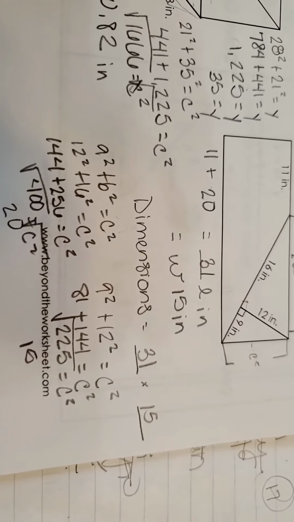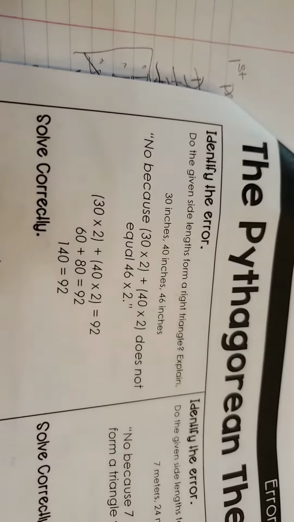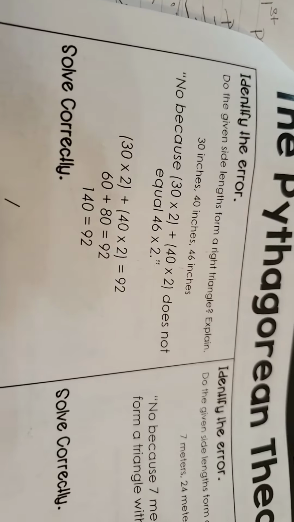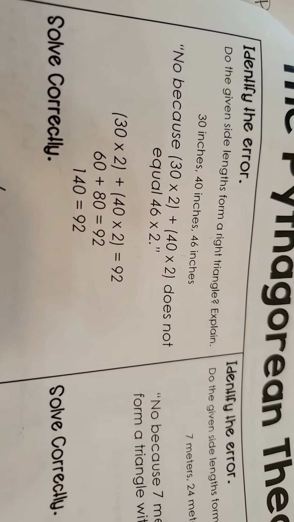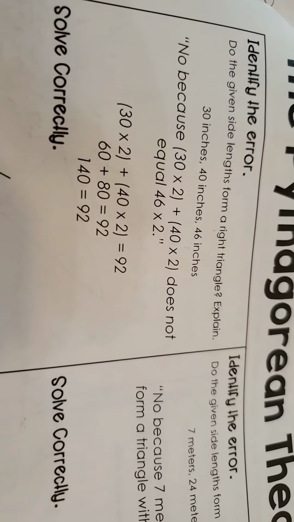All right. Okay, so we ordinarily take a look at these as well, and we'll take a look at this. This is asking if the side lengths form a right triangle. And basically what they're asking us is, does 30 squared plus 40 squared equal 46 squared?